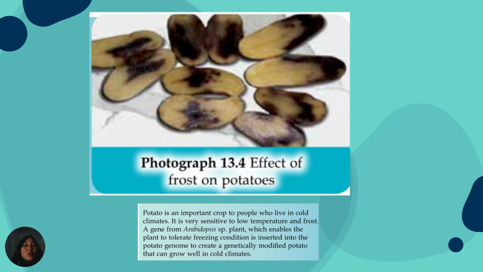Okay, dalam suhu yang sejuk. So, they modified. Diorang ambil genetic that brings a desired characteristic atau trait, masukkan ke dalam the genome of the potatoes. Cara diorang masukkan semua tu memang secara makmal lah. Okay.